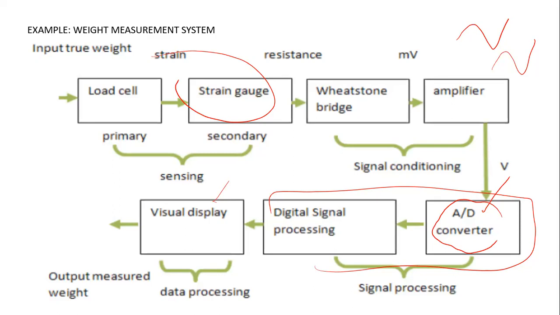Suppose you want to measure certain data, geological data, whatever, and there will be a certain load cell connected with your piezoelectric crystals or your strain gauge. When you apply pressure on it, that pressure will be converted into an electric signal by the strain gauge.